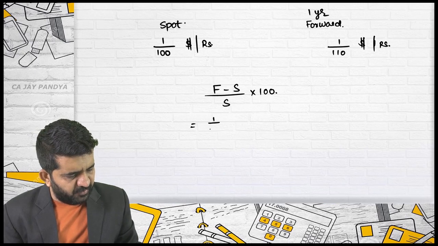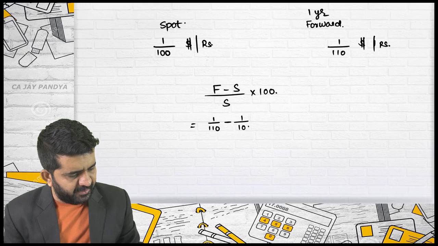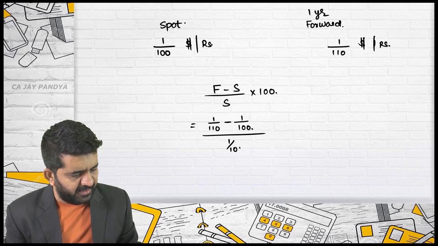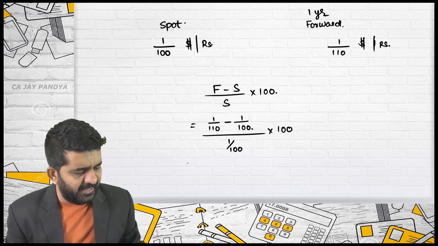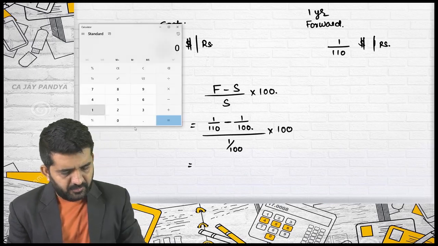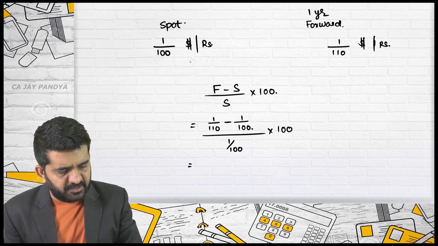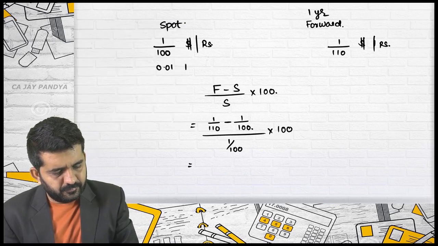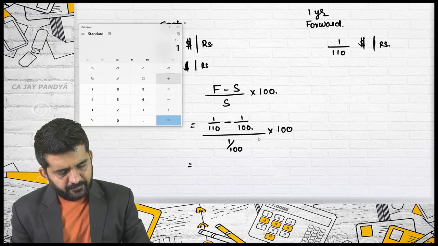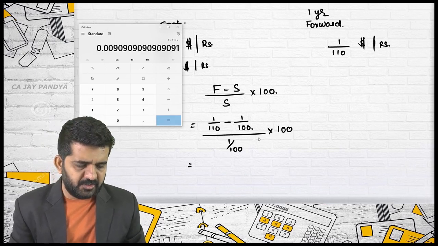What is the forward rate? 1 divided by 110, minus the spot rate, which is 1 divided by 100, divided by the spot rate, 1 divided by 100, multiplied by 100. So let me find out all the answers. 1 divided by 100 is 0.01, and 1 divided by 110 is 0.0090.